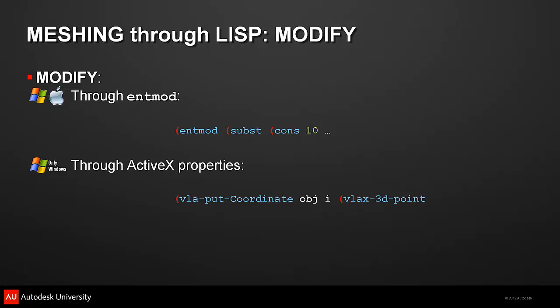If we use the AutoLISP entmake function to make them, we can use the AutoLISP entmod function to modify their geometry by transforming their vertices. entmod is available both for the Windows and Mac versions. Windows users can also do this using the properties exposed by the ActiveX interface. But our demonstration will rely on the classic AutoLISP way, which is available both for Windows and Mac users.